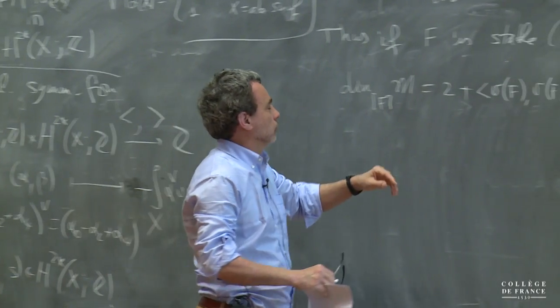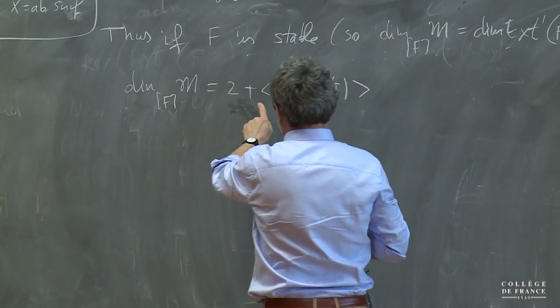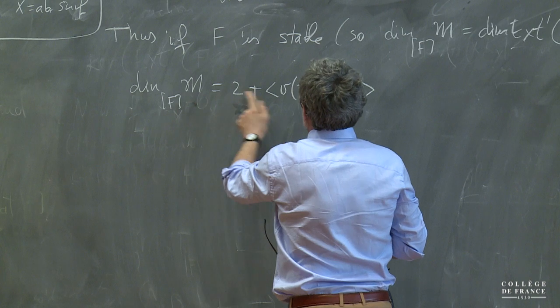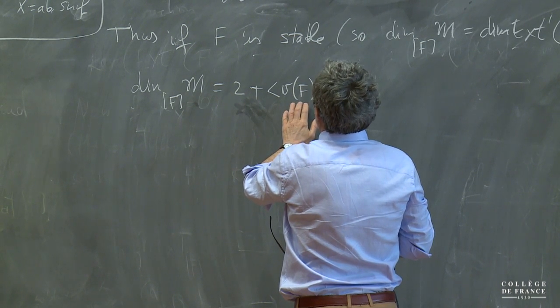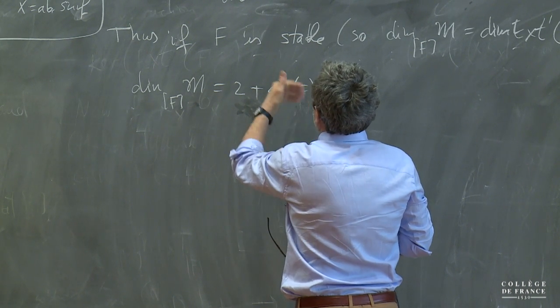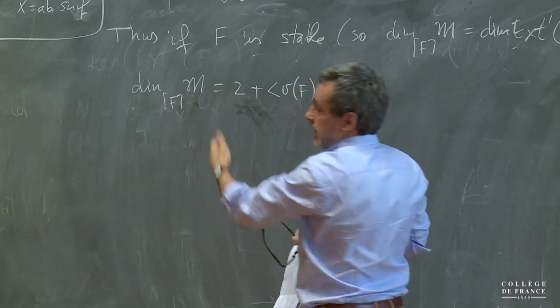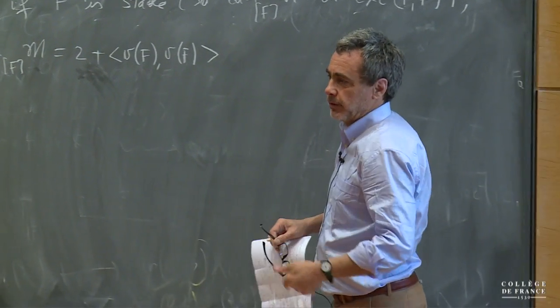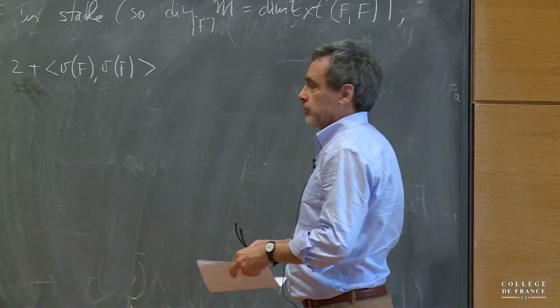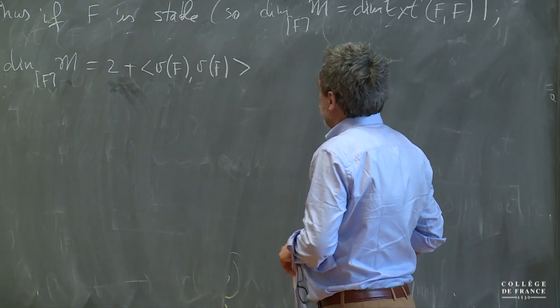What happens is that we get dimension 0 if v of f squared is minus 2, and as it increases, we get bigger and bigger dimension. Otherwise, it would be the other way around. Okay? So that's the reason.